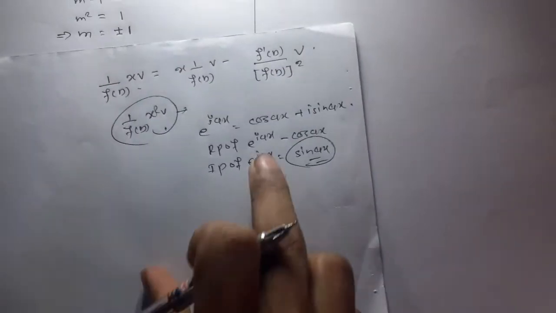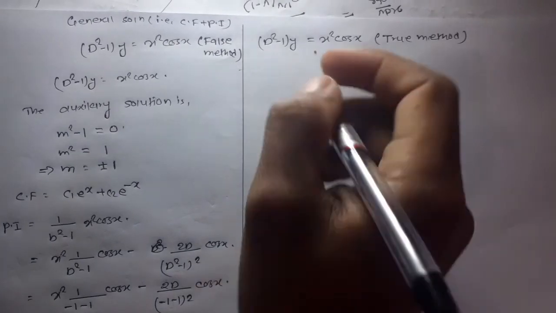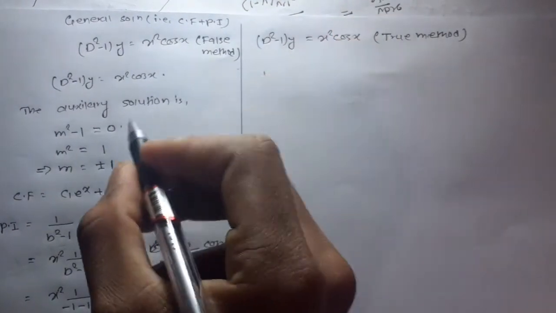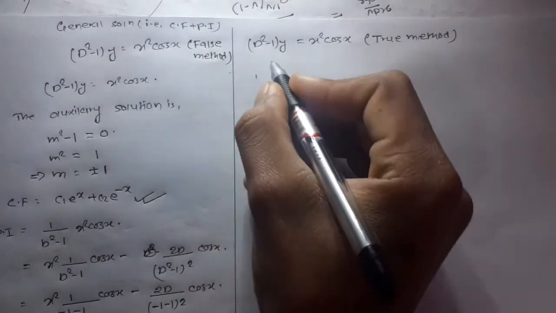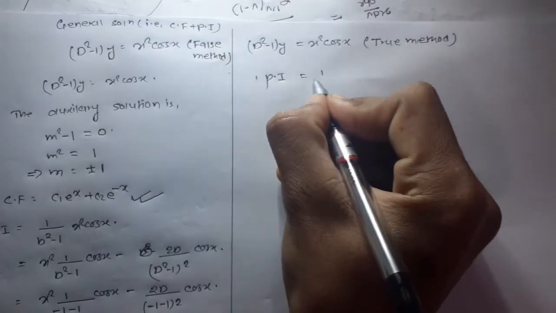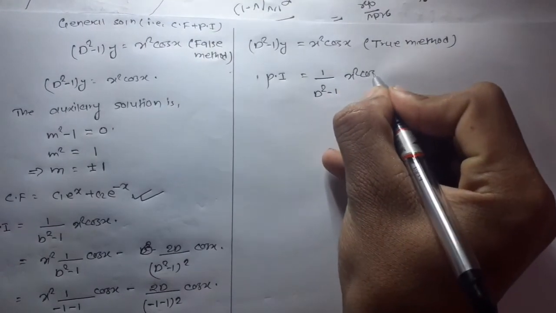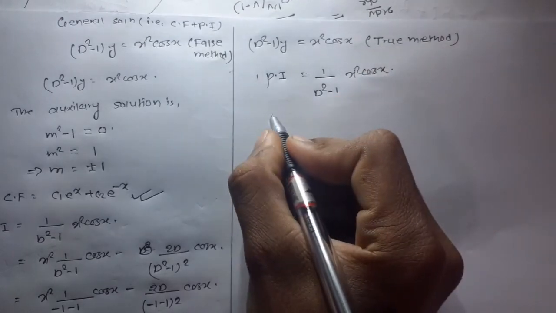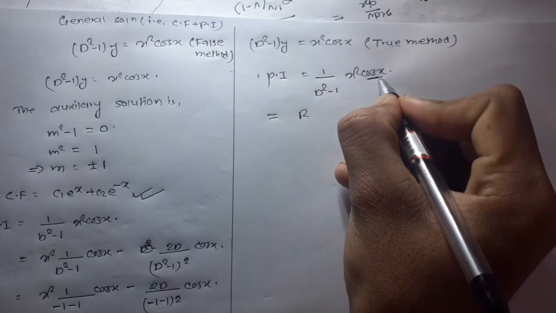So by using this concept we solve this question. First we find the complementary function, and for the particular integral, 1/(D² − 1) x² cos x, cos x is the real part of e^(ix).